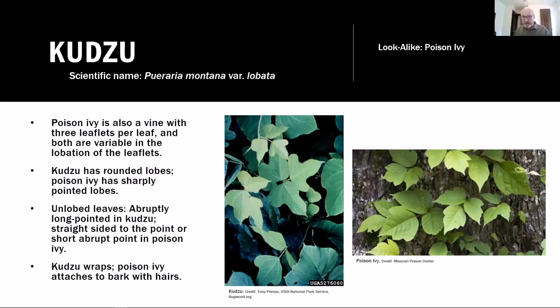Whereas poison ivy has a vine that puts out these little hair-like roots and attaches to the bark of the tree, which is something to look out for in the winter because you can get poison ivy in the winter. So learn to identify it by those hair-like roots coming from the vine stem. Okay, next.